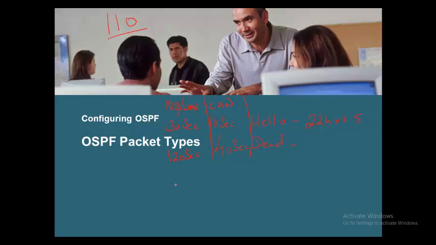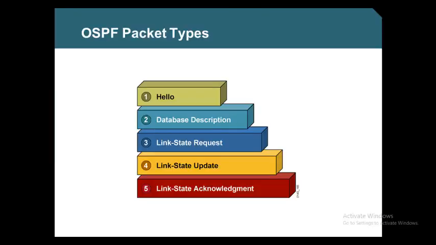That's what I am trying to correct here. The first chapter is talking about LSA. It does not mean that LSA comes first. It's the hello packet that comes first. The very first packet type is the hello packet. Hello packets are sent every 10 seconds in the LAN.